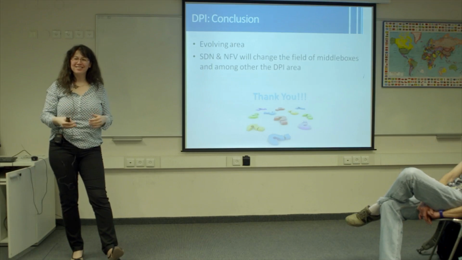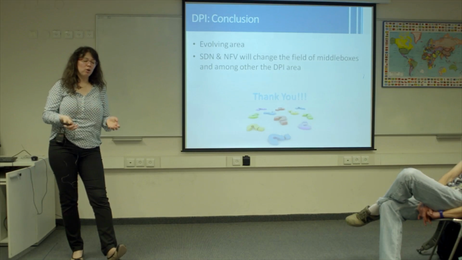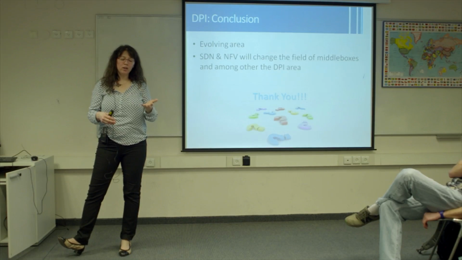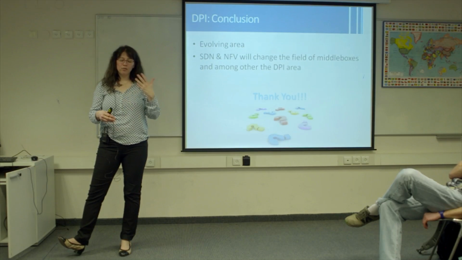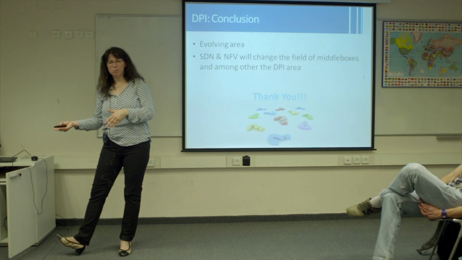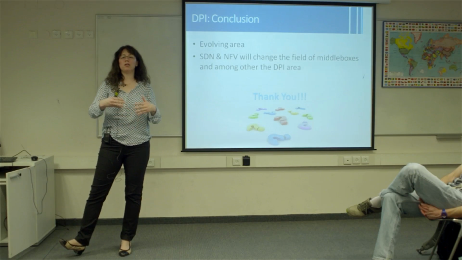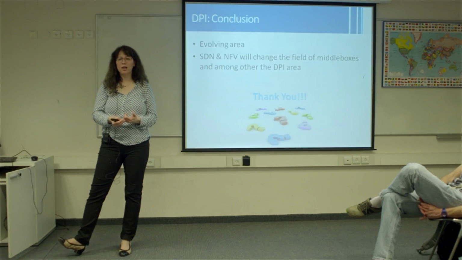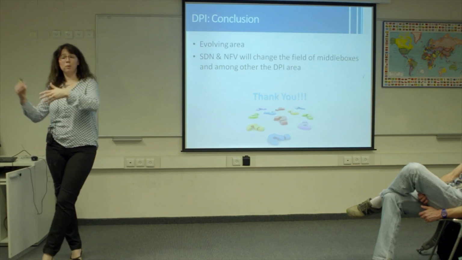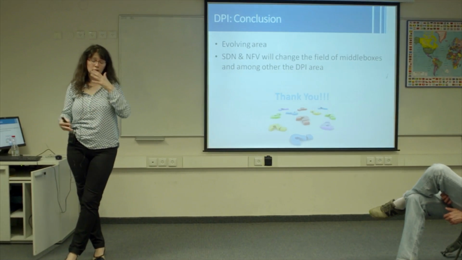Maybe you will say it loud. The question was that in NFV, you think every packet should be forwarded to deep packet inspection, and that this will cause high delay and be problematic, and you don't think that everything will be on the NFV.